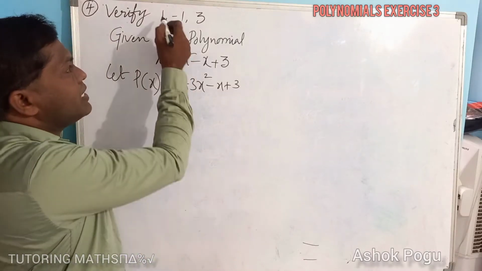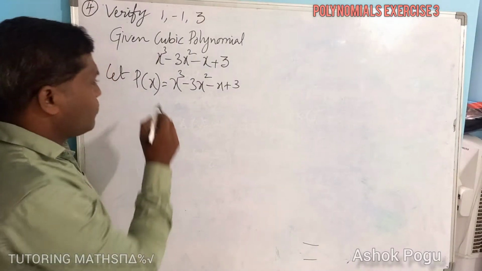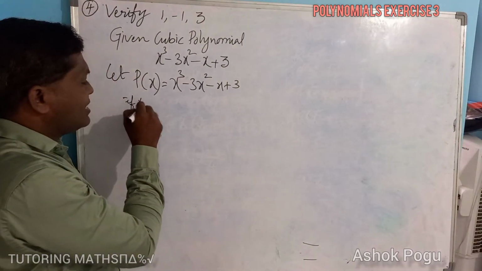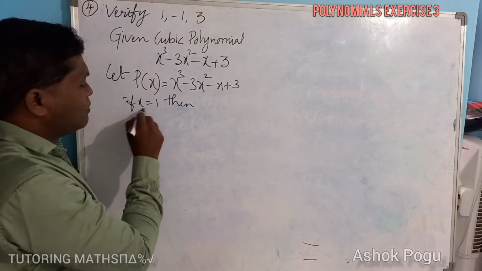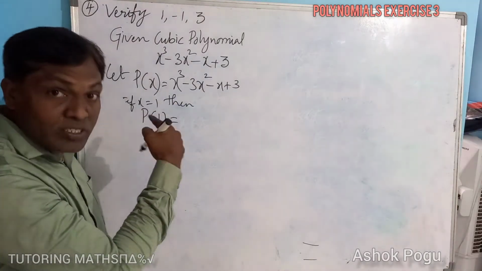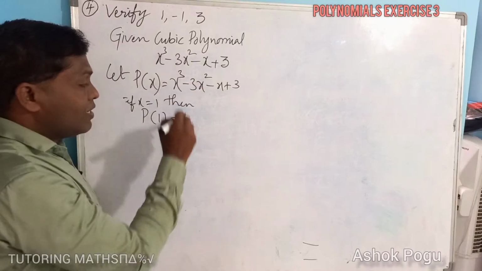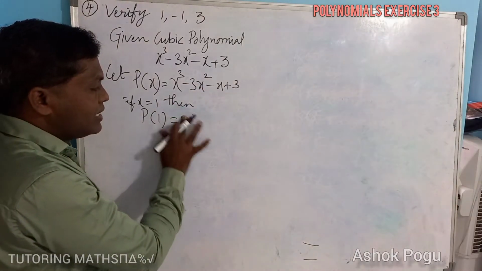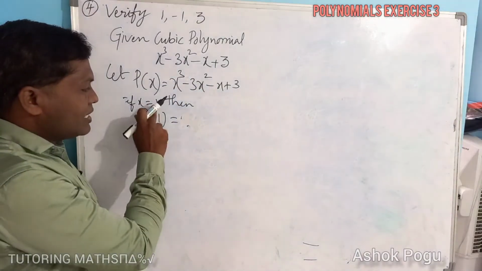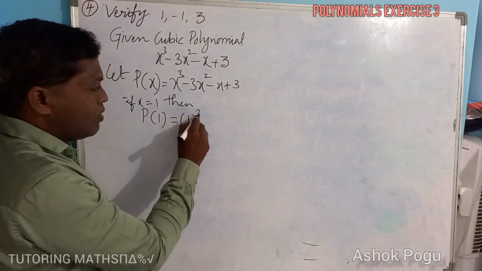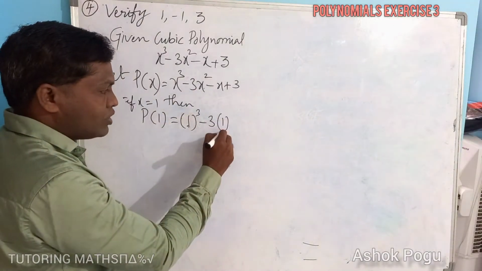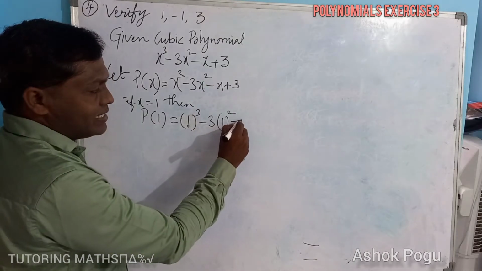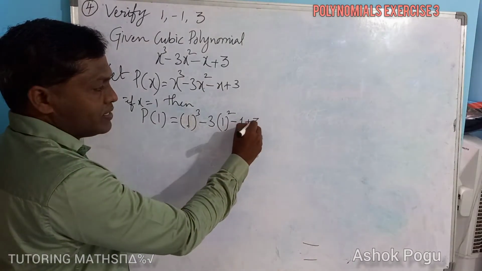First of all, let us take the first value 1. If x is equal to 1, then what is p of 1? We are going to substitute the value in the given cubic polynomial. This is x cube, but what is x? 1 cube minus 3x square, that is 1 square, minus x, 1, and plus 3.